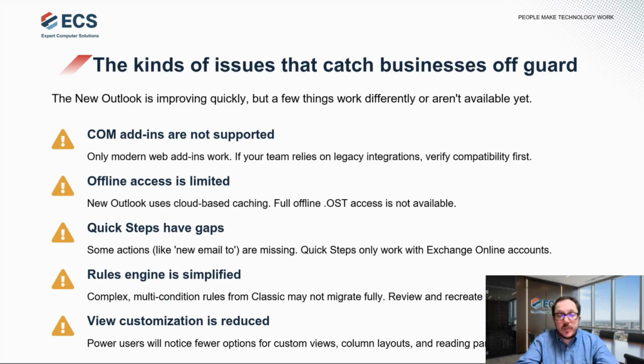If you're a heavy rules wizard user, check on that. View customization is reduced. Now, this affects a small amount of people because most people launch Outlook to get their email or look at their calendar and they don't really change their views that much. But if you do heavy customization, just know that that customization is a lot less on the newer Outlook.